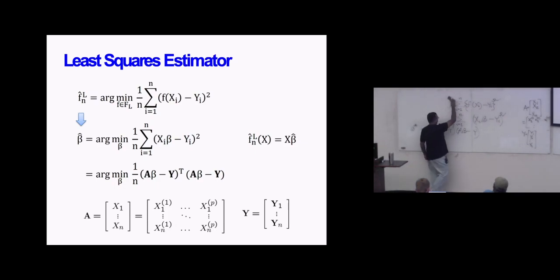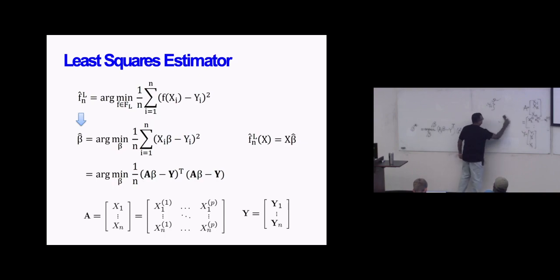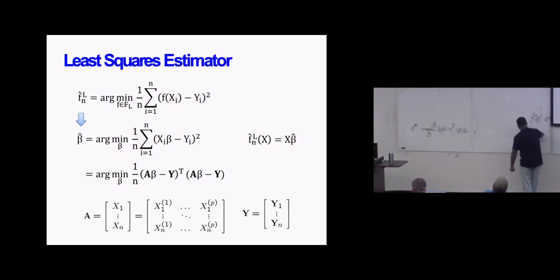So get rid of this and we can just stick to this part. We'll now resort to matrix representation, and that's where your previous course on linear algebra will help.